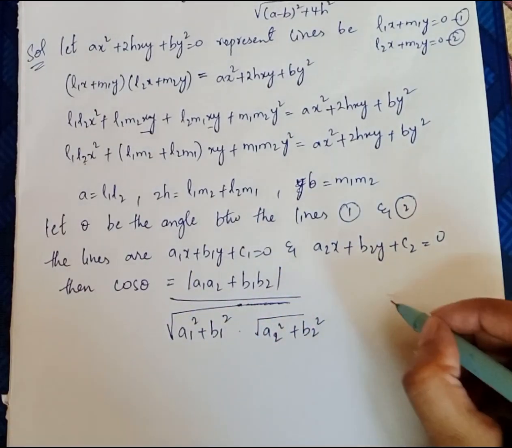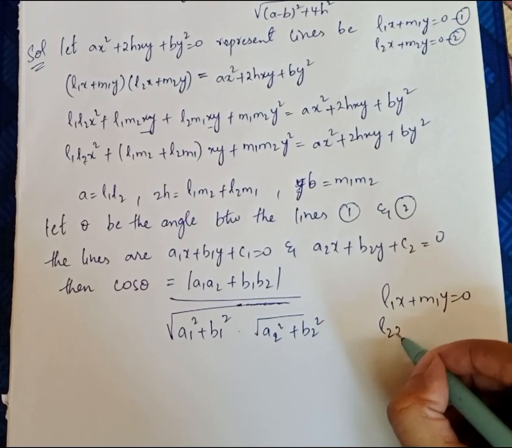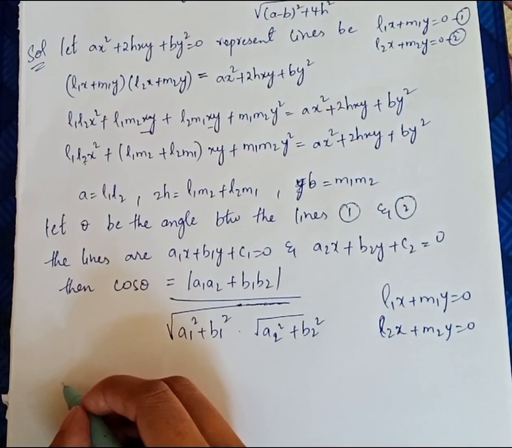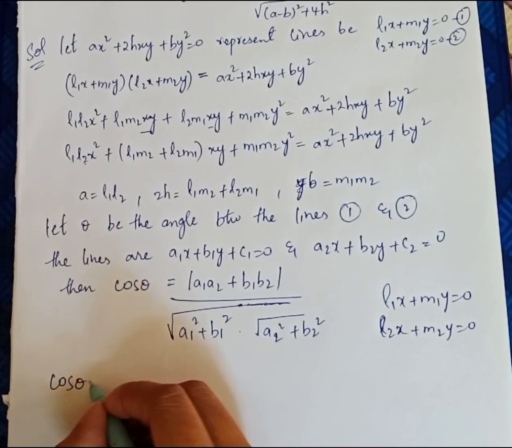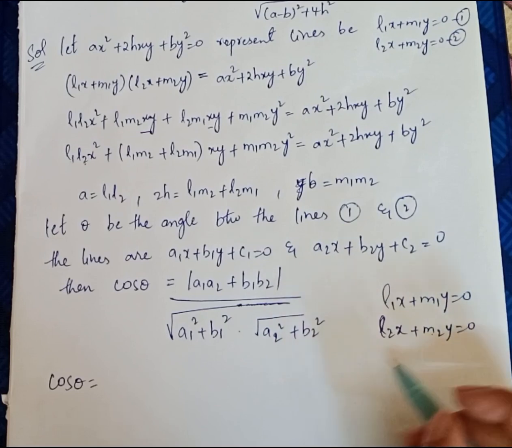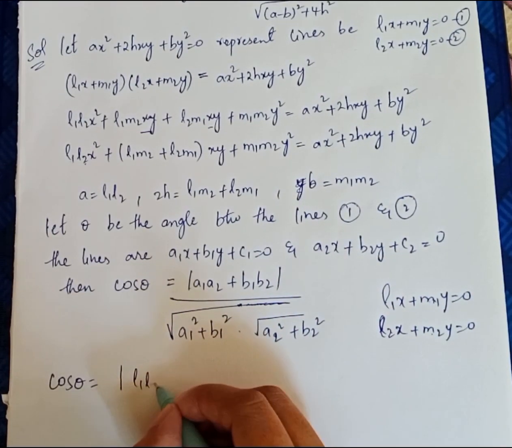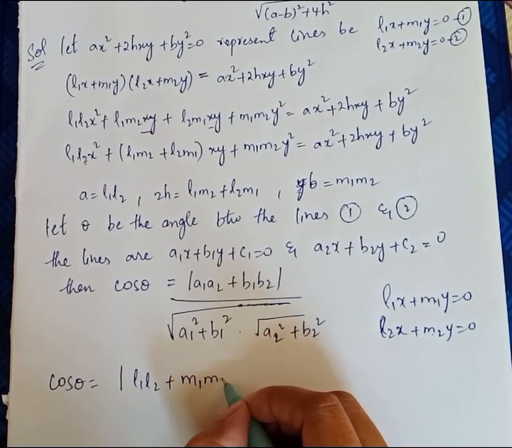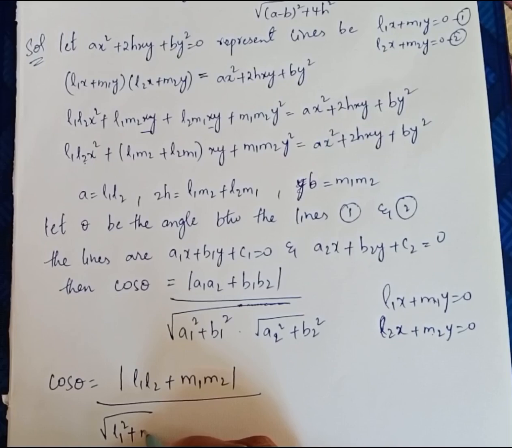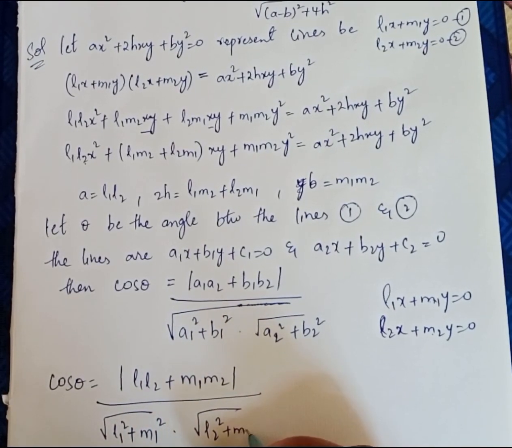So here we have the lines l1x + m1y = 0 and l2x + m2y = 0, right? So we can write cos θ, with a1, a2 values as l1, l2 and m1, m2 as b1, b2 values: cos θ = |l1l2 + m1m2| / (√(l1² + m1²) · √(l2² + m2²)).